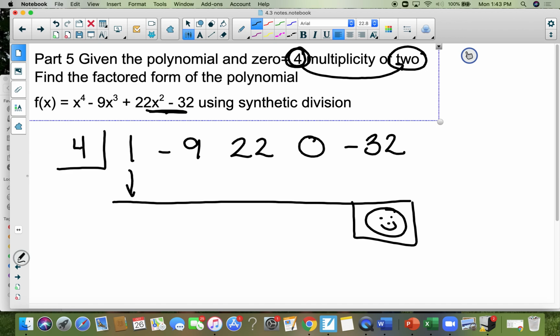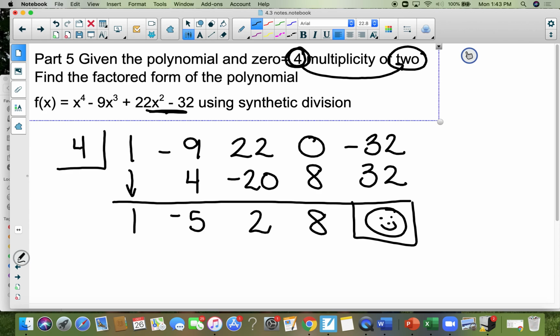I start this process by bringing down my 1, a 4, a -5, a -20, a +2, a +8, a +8, and a +32. I also know that there are 2 of them, so I'm going to do it again.